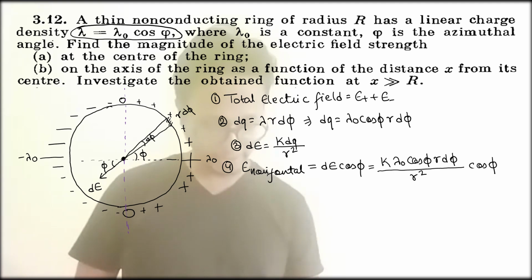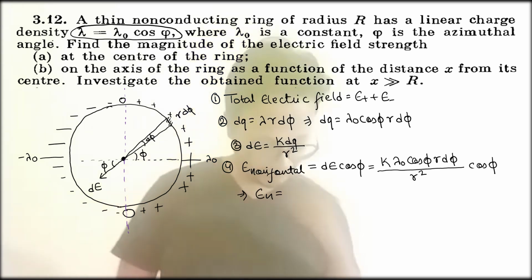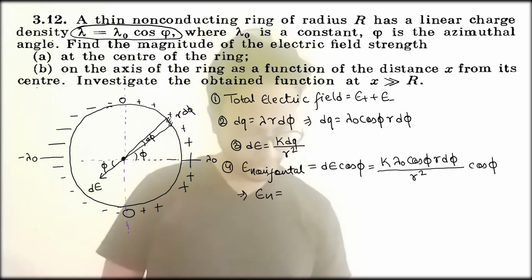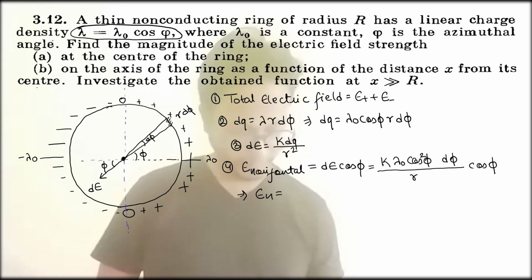Or E horizontal is equal to, out here r and r square will get cancelled out. Cos and cos becomes cos square phi.